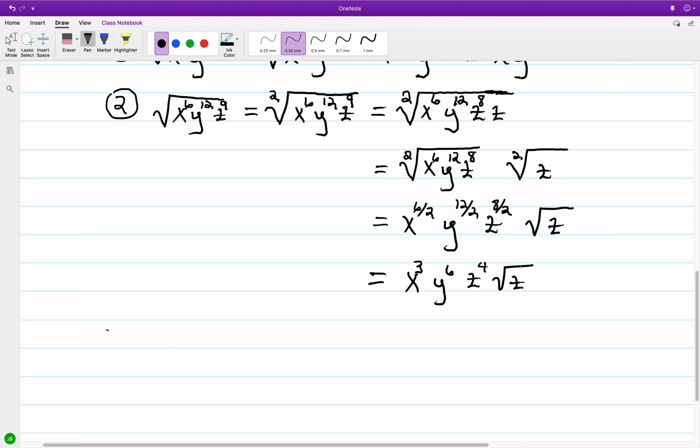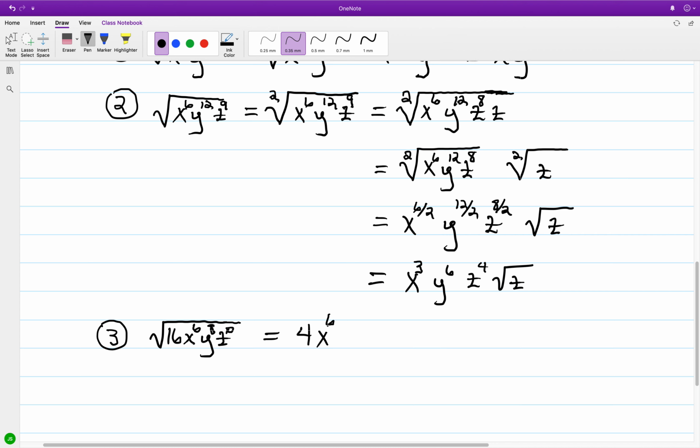Now, if we have the square root of 16 x to the 6th, y to the 8th, and z to the 10th. Now 16 is a perfect square number, and in fact x to the 6th, y to the 8th, z to the 10th are perfect squares. So the square root of 16 is going to be 4.